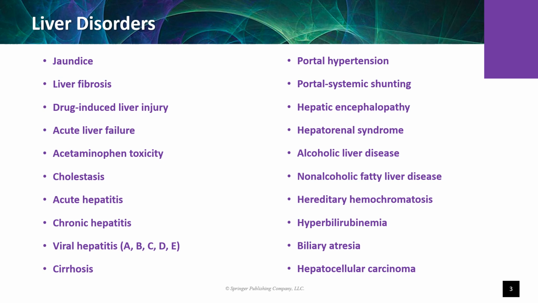The liver receives dual blood flow. 25% of the blood is fully oxygenated and provided by the hepatic artery. 75% comes from the portal vein. This combines deoxygenated venous drainage of the intestines, pancreas, and spleen, making the liver the portal or the gate between the intestines and the systemic circulation.